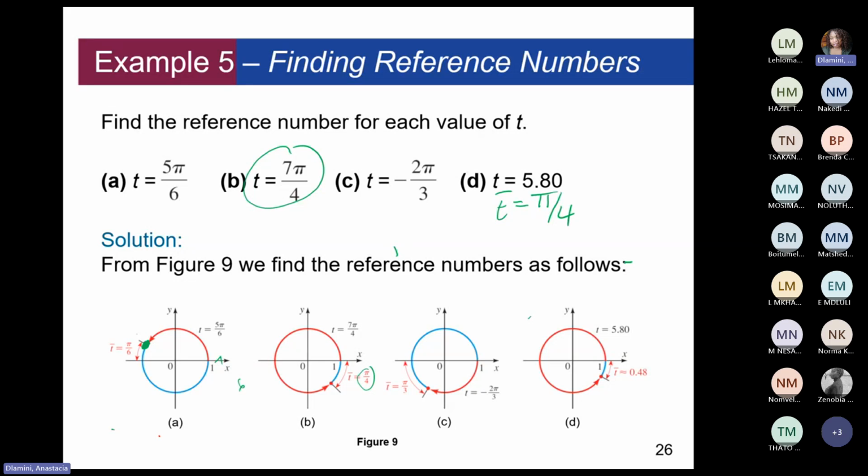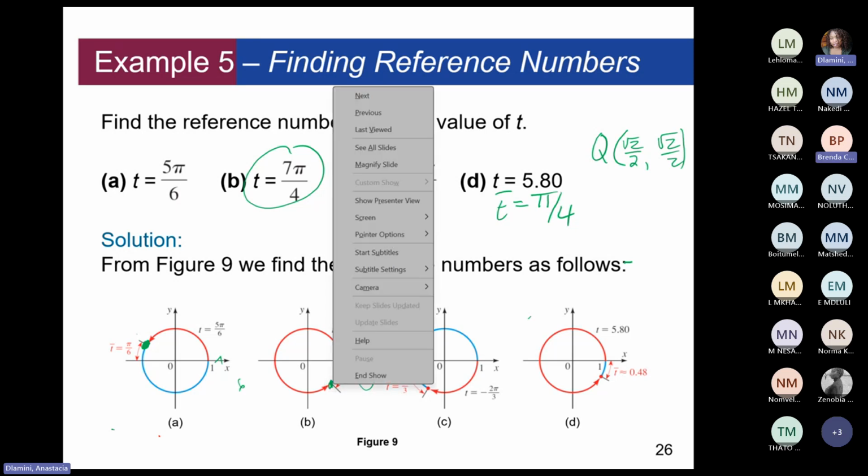So then we go and say, what is the terminal point for pi over 4? We know that that's root 2 over 2 and root 2 over 2, right? Now, we then go and check the position where we landed. Do you see that we landed in the fourth quadrant?